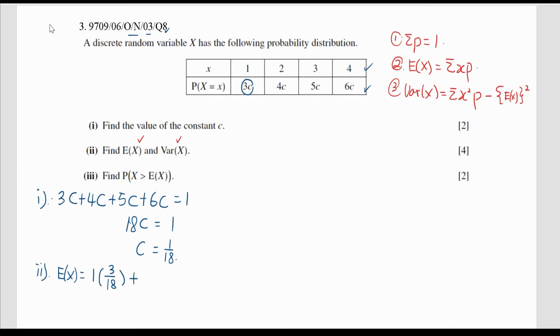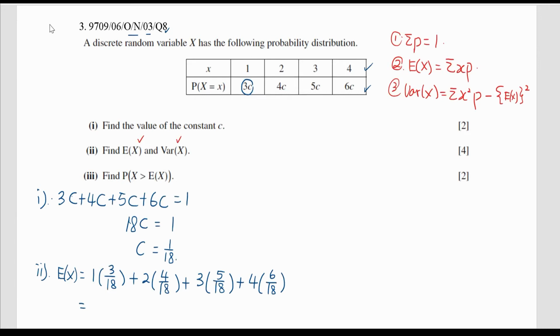Then plus x is 2 and the probability is 4 over 18, and 3 times 5 over 18, plus 4 times 6 over 18.